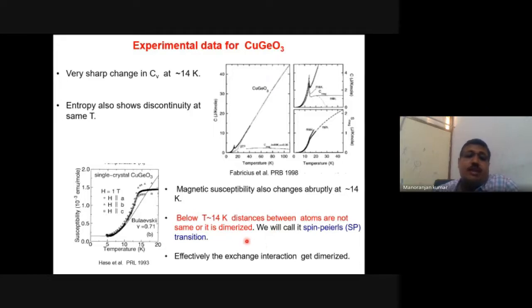Below this temperature, the atomic distances alternate between long and short, so the spin exchange is also supposed to have high and low values.